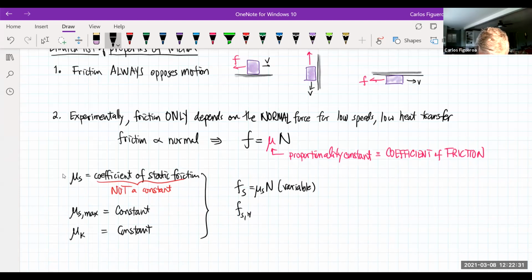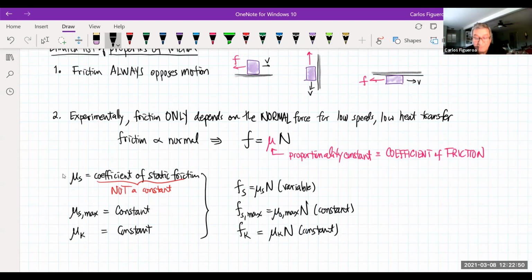Or I could have maximal static friction, and this guy is a constant. Or I can have kinetic friction times the normal, and this guy is a constant. So we have these constant and variable frictional forces here.